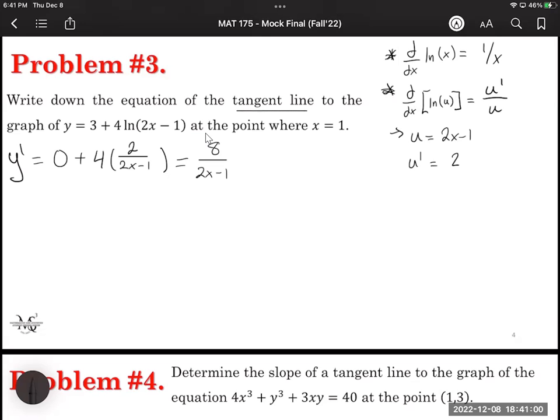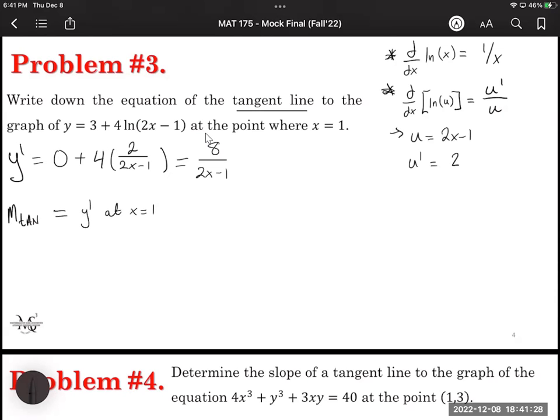By the way, what letter do we use for slope? M. Okay, good. You guys learned something from Math 171, Omar. M stands for slope, right? So we're finding the slope of a tangent line. So we say m tangent, m_tan. So m_tan is equal to y prime at x equals 1.